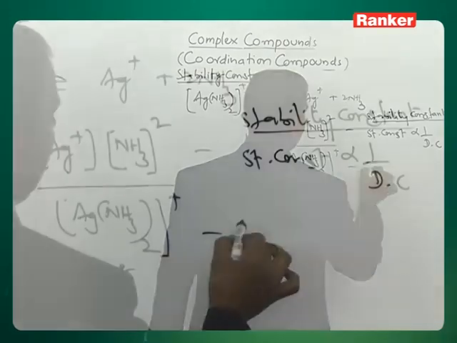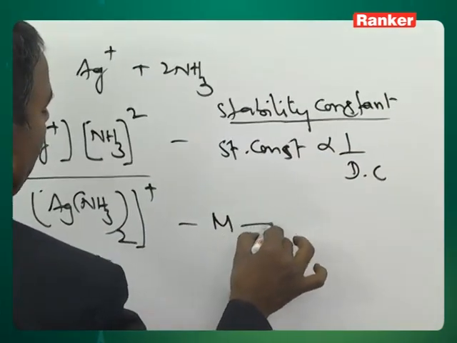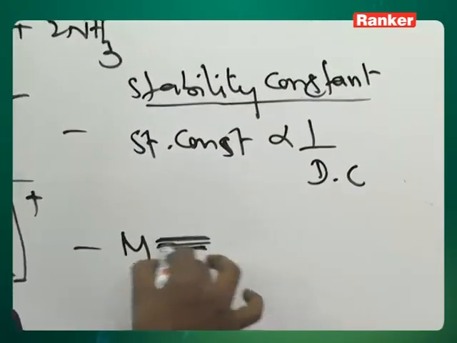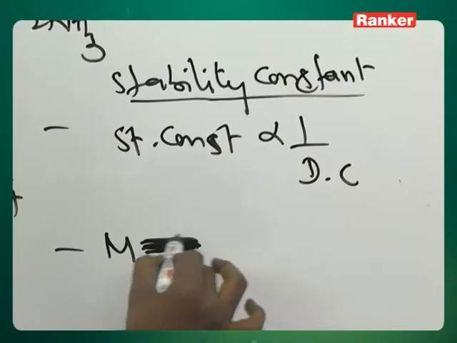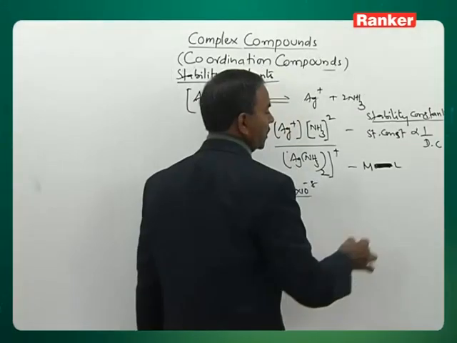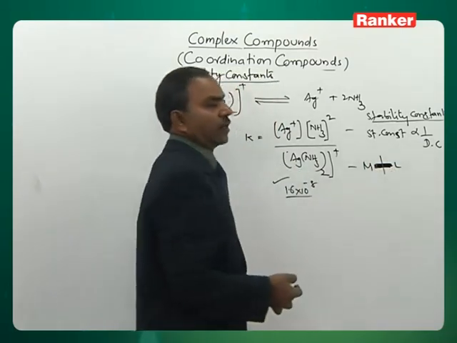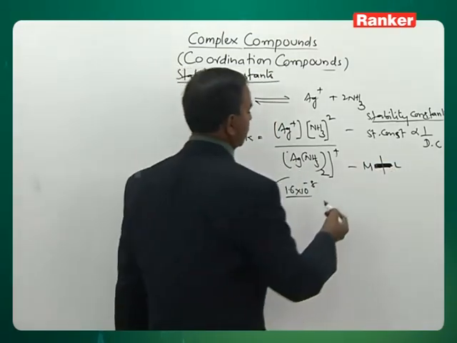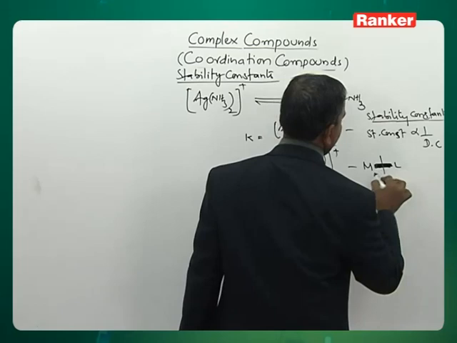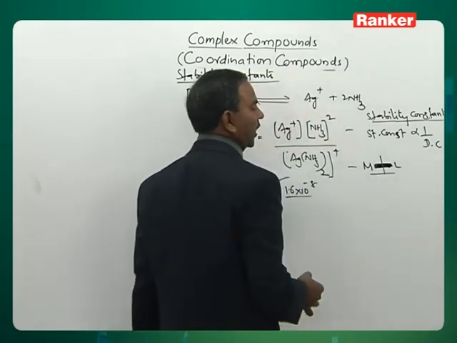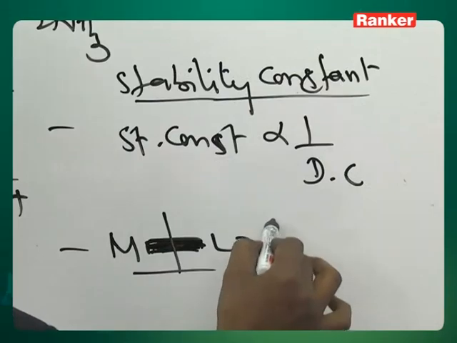Next, it is also a measure of metal-ligand bond strength. When the metal-ligand bond strength is very high, the stability constant is very high. It also gives information about the strength of the bond between the metal and the ligand.